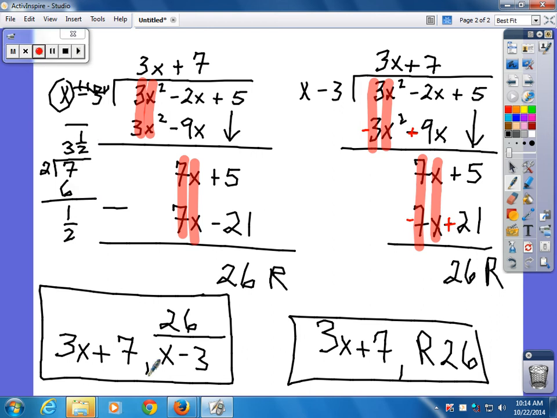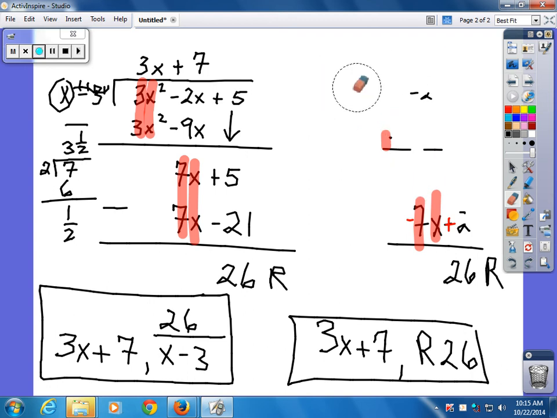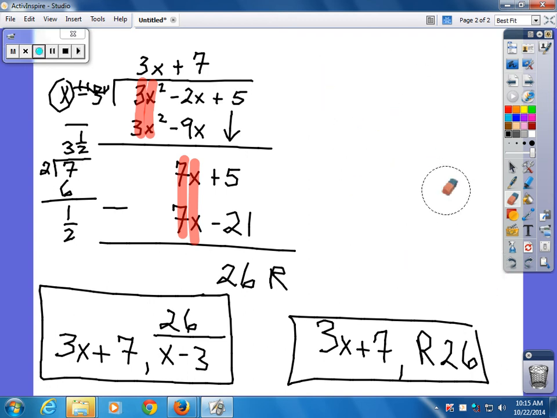The reason I put a comma here is because if you was to write all this together like this, it might be confusing to somebody. Unless you write it like 3x plus 7, and then out here go 26 over x minus 3, like that, or put parentheses around it or something.